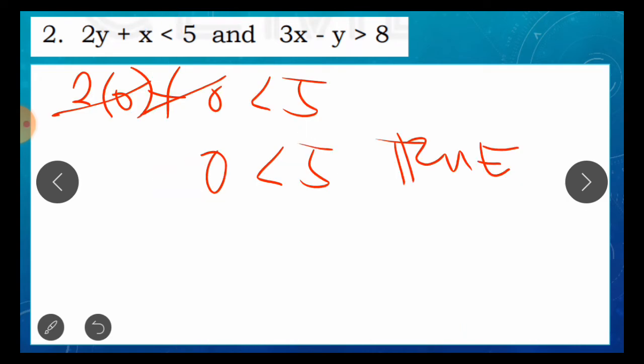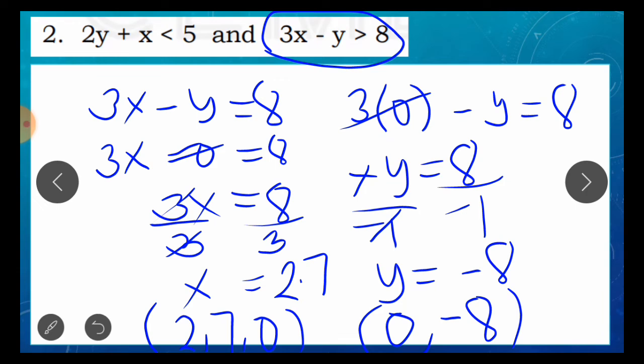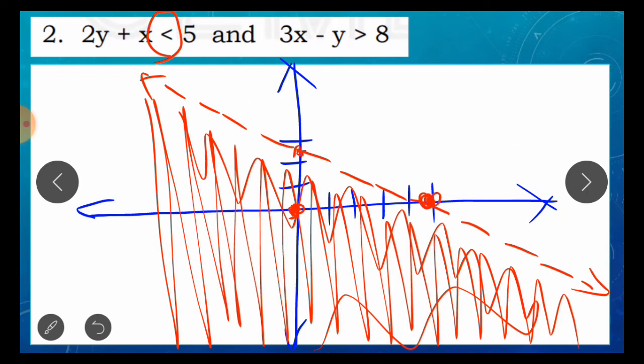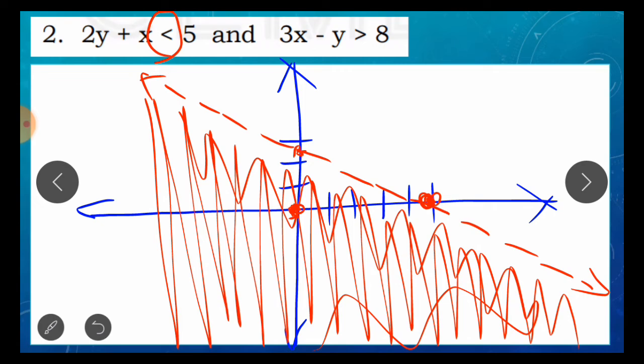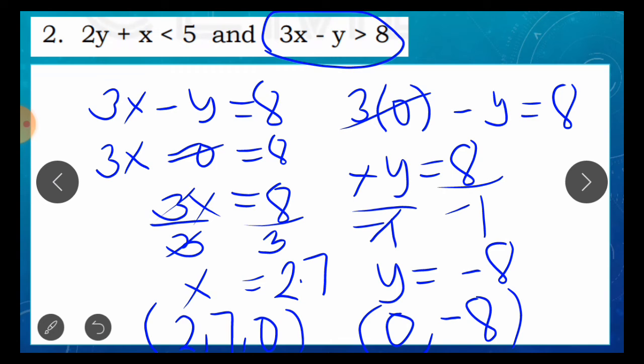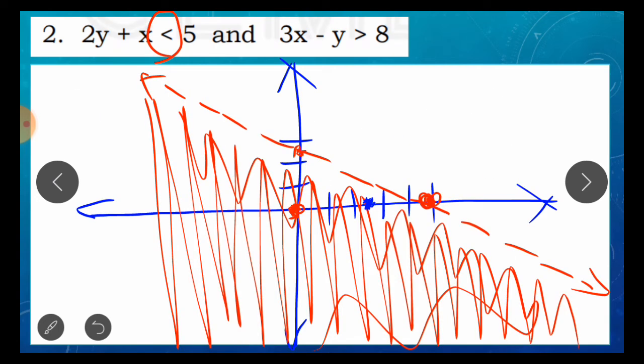So again, our x-intercept is at positive 2.7 of x, which is here. Then our y-intercept is at negative 8.